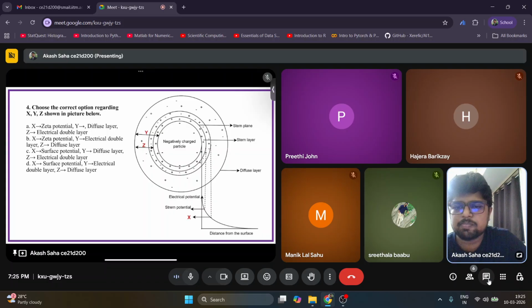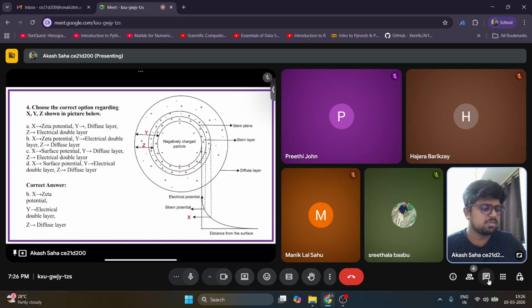Y is the combination of the Stern layer and the diffuse layer, so it is called the electrical double layer. Two layers are there, so electrical double layer. And then Z: apart from the Stern layer, we have a diffuse layer, so Z represents the diffuse layer. This is very direct.